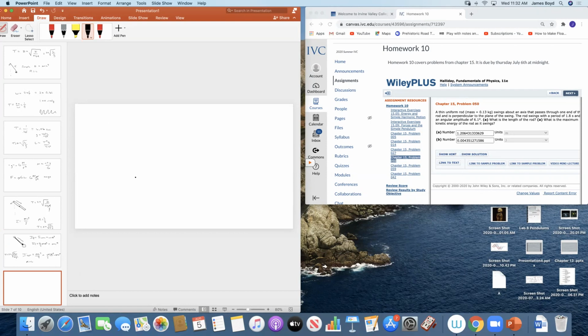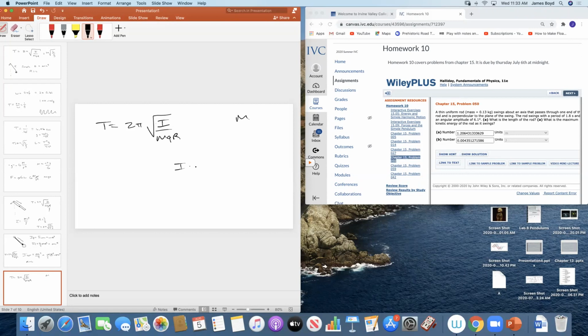So if we have a thin rod with a given mass and it swings through an axis passing through one end, what that tells you is that this is a physical pendulum with a period of 2 pi root of I over mgr. And they gave us m here, and it swings through one end.